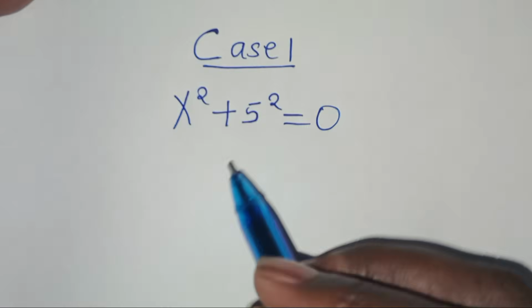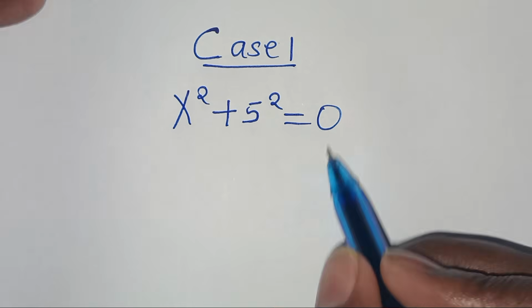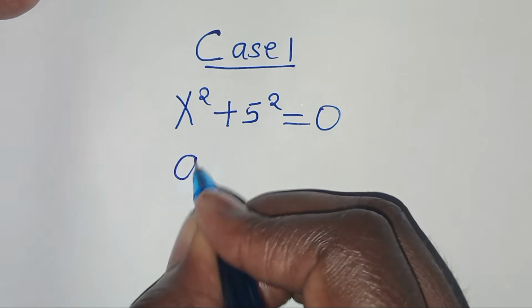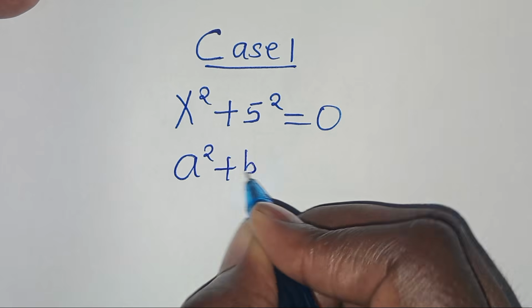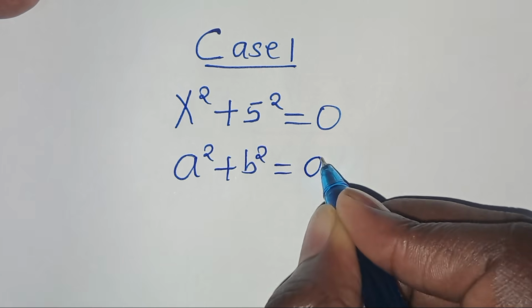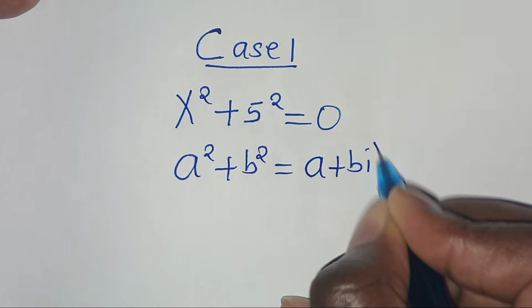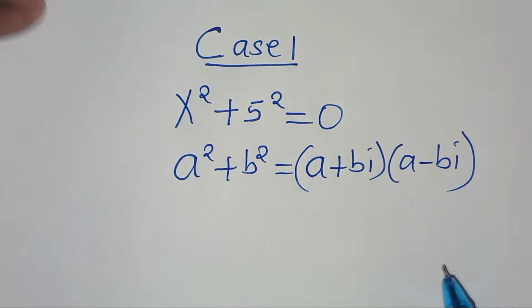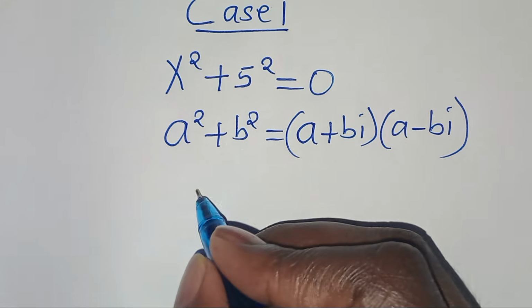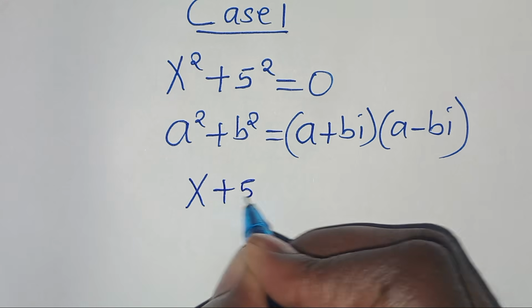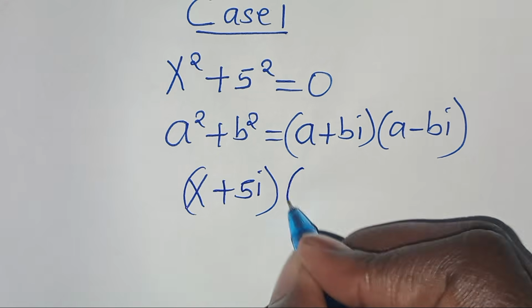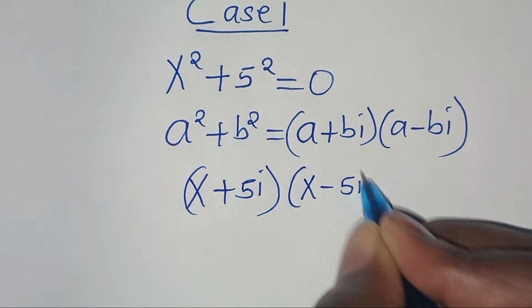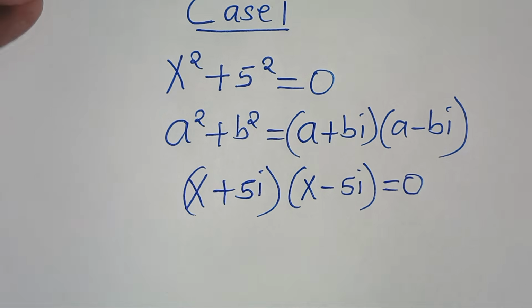In case 1, we have x squared plus 5 squared equal to 0. This is in the form of a squared plus b squared, which we can express as a plus bi multiplied by a minus bi. So we have x plus 5i multiplied by x minus 5i equal to 0.